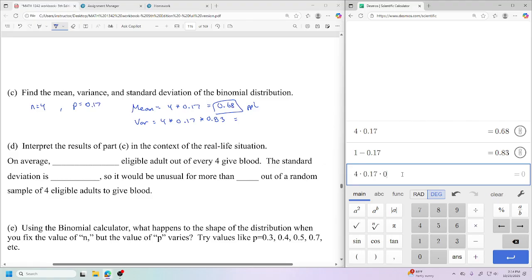I was upstairs doing it right before class. Not this one, but another one. Oh, times, yeah. Oh, the 68. Yeah, I see. Yep. I totally understand. As I'm writing this last one here, I'm going to do the square root of that. It's the square root of 5, 6, 4, 4.